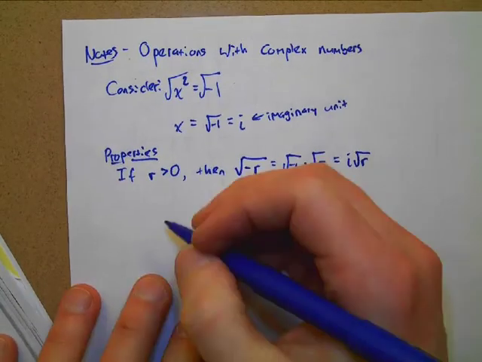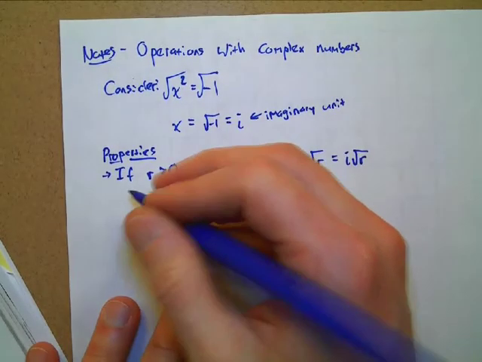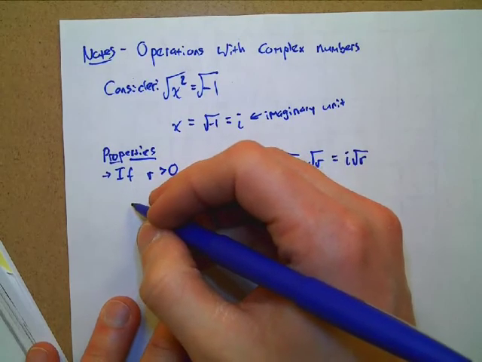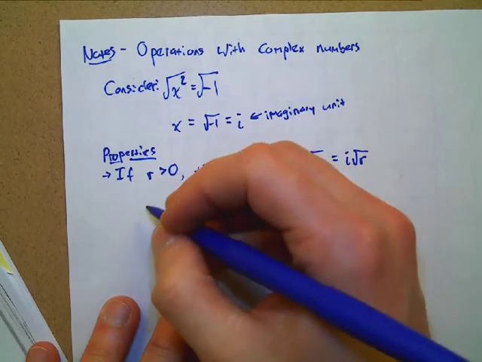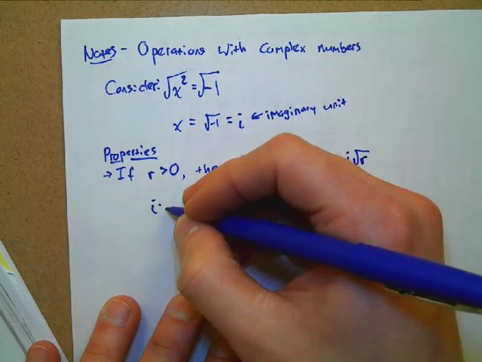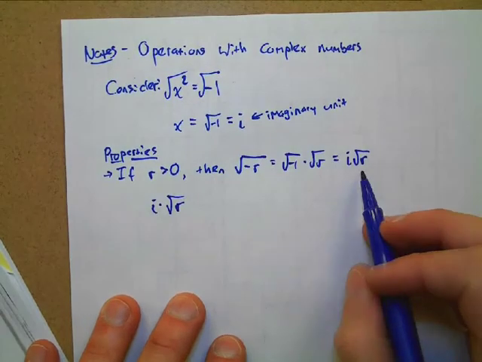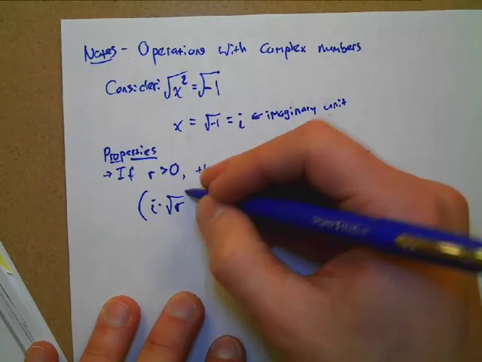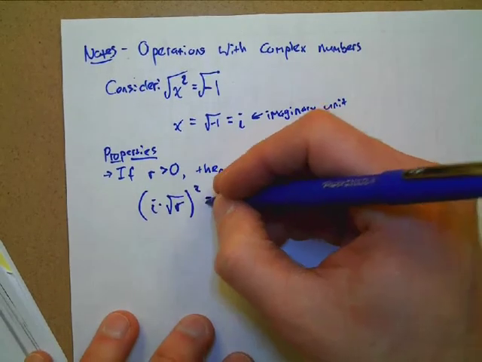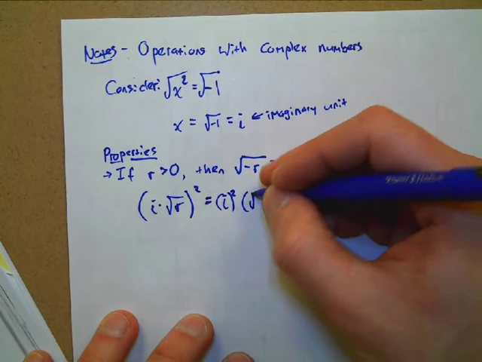And then one other property here. Taking our answer there, i times the square root of r, and squaring it, is equal to i squared times the square root of r squared.